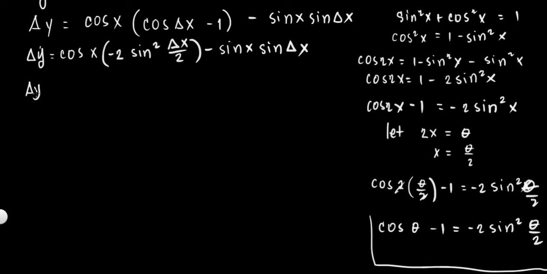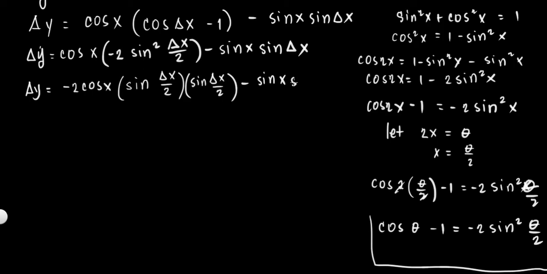Okay, so delta y over delta x is equal to minus 2 cosine of x multiplied by, say, sine delta x over 2 times sine delta x over 2. Pinaghiwalay ko na. Minus sine x, sine delta x all over delta x. Okay? Kulang pa dito. This is delta x.